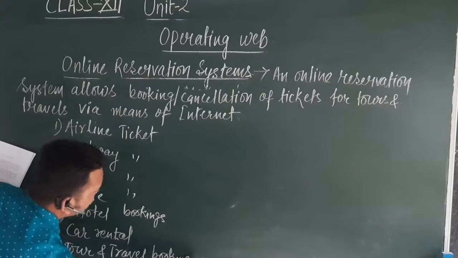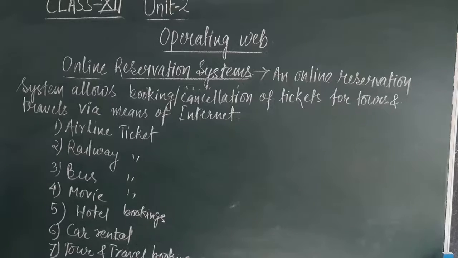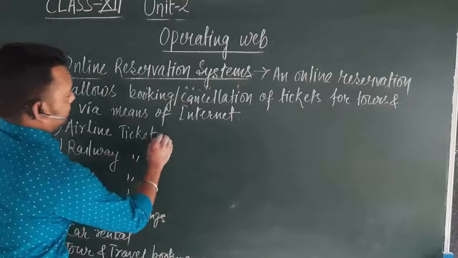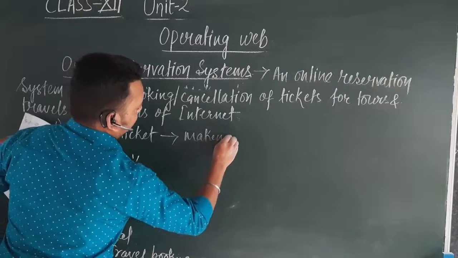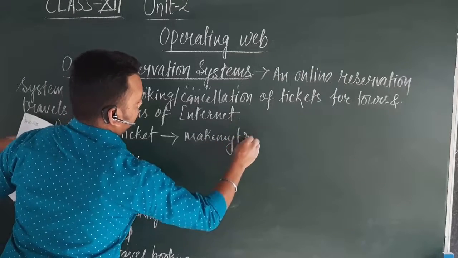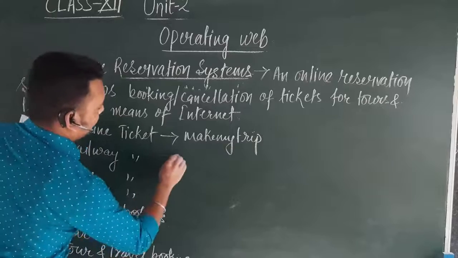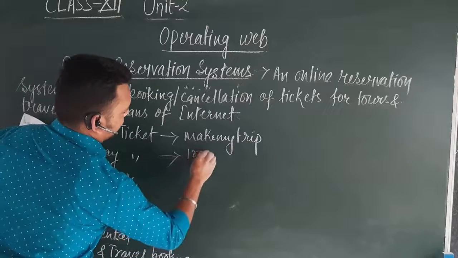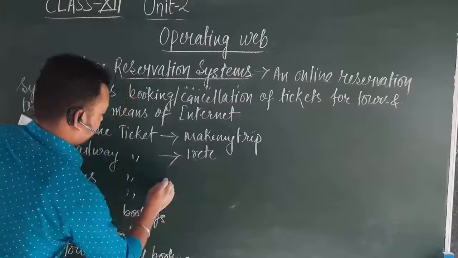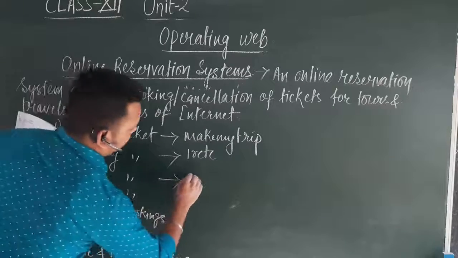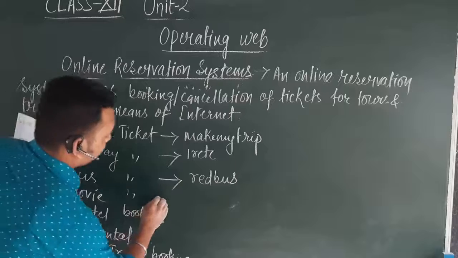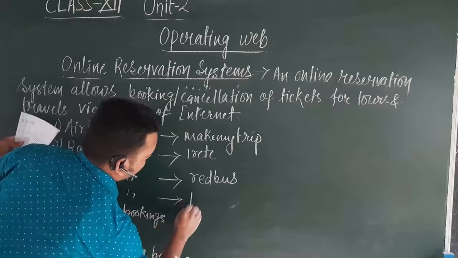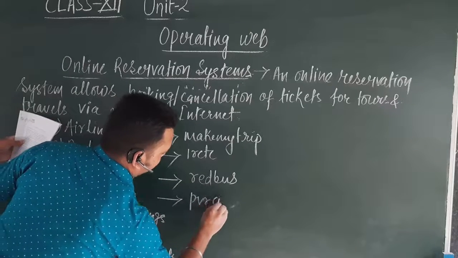Now I will depict a few of the examples as well. For this, the simplest is MakeMyTrip. Then railway, it is IRCTC. Bus, it is say RedBus. And for movie, it is say PVR Cinemas.